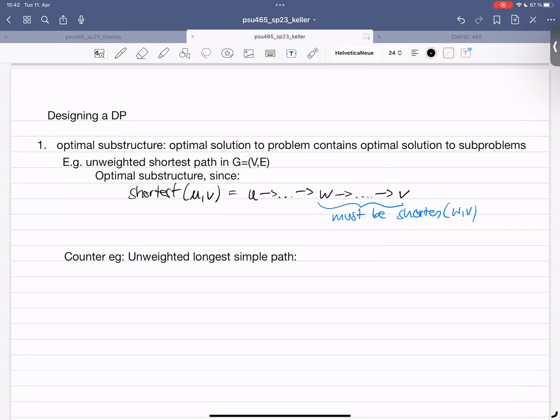So let's say we have the following graph with 4 vertices: P, Q, R, and S, and we have edges between all pairs in both directions.